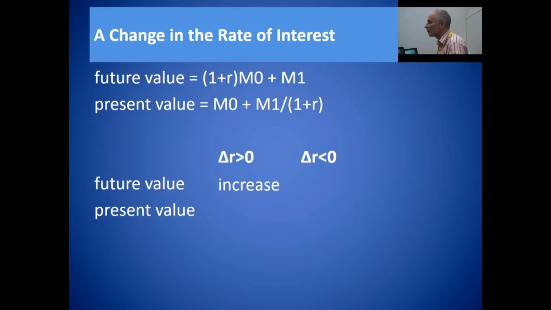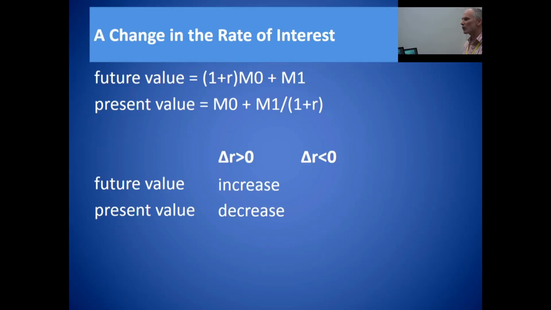It's determined by current income plus the maximum loan that you can take out. But if the rate of interest is going up, what does that mean about the maximum loan that you can take out? It will fall. Hence, the present value will decrease. It will also fall. And that is what will happen for an increase in the rate of interest.